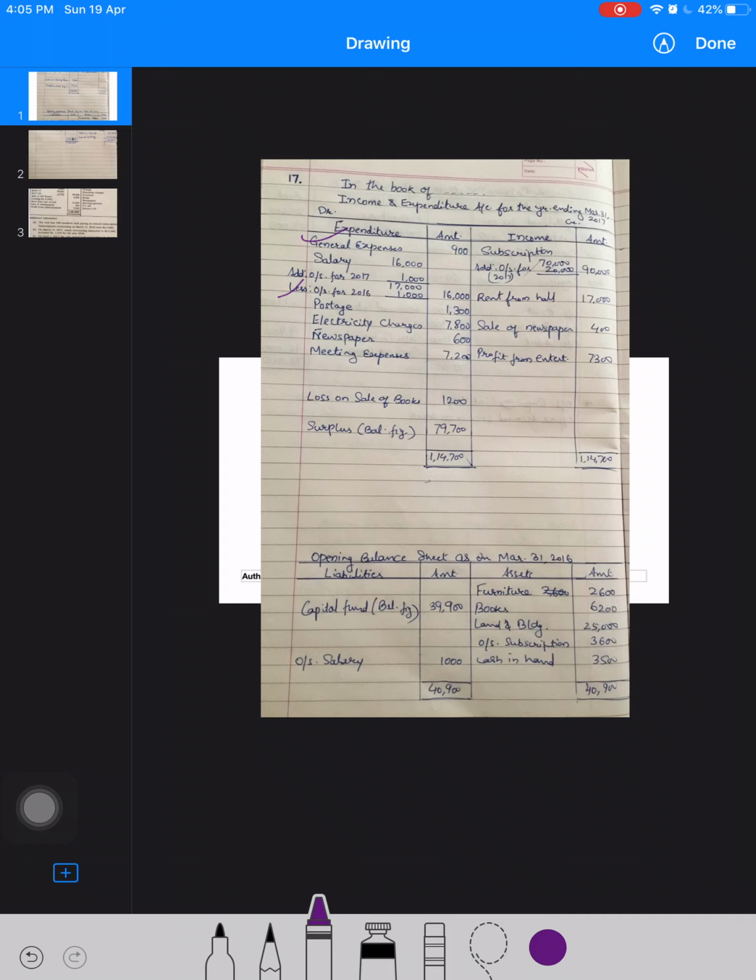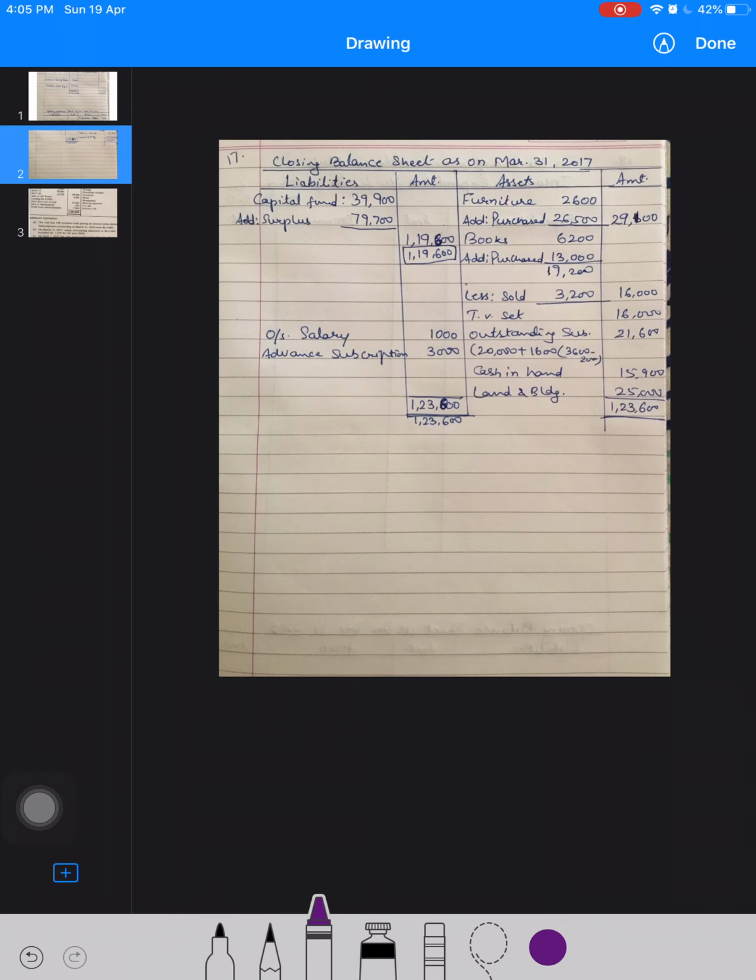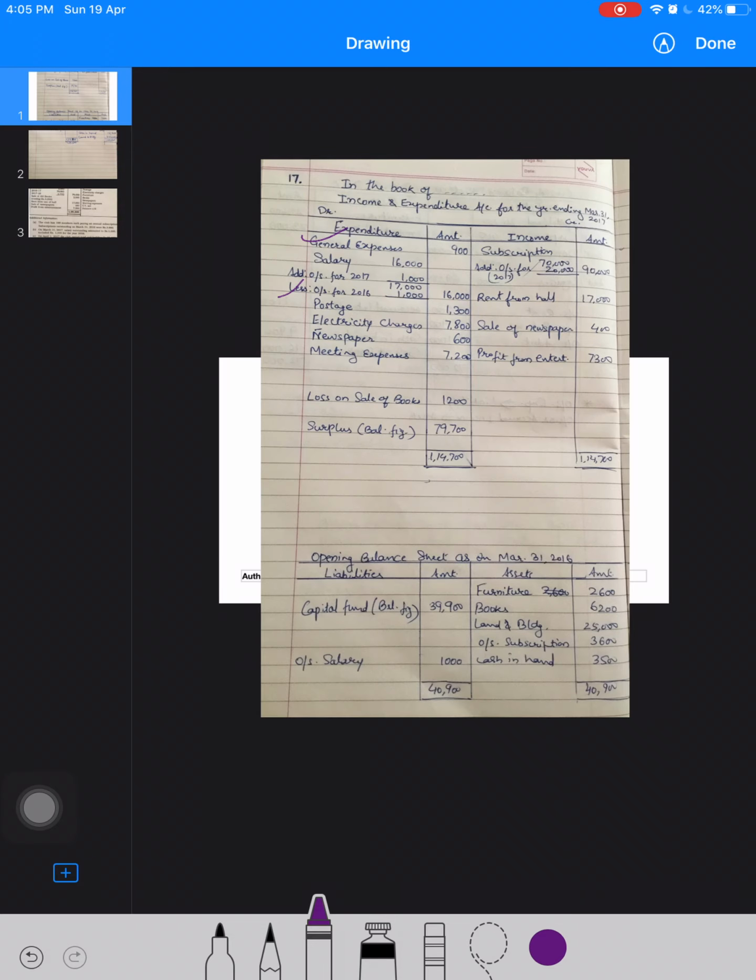Outstanding for 2017, that means for this year, you pass this adjustment in this year's balance sheet, that is our closing balance sheet. So 1000 rupees outstanding expense is our liability. Immediately write down in closing balance sheet outstanding salary 1000, and outstanding salary of last year, outstanding for 2016, write down in opening balance sheet, here it is shown outstanding salary 1000.